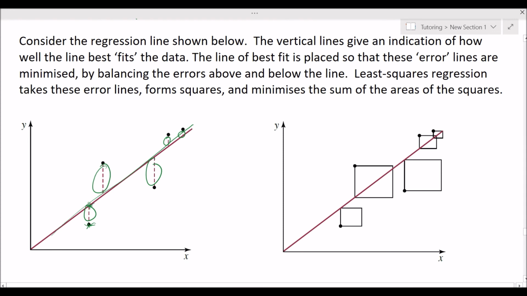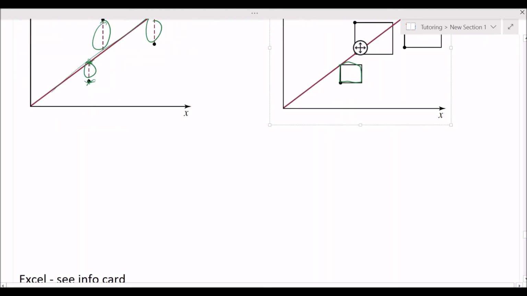Okay, so what we would do is take those residuals and square them. Okay, why do we square things? Because it gets rid of negatives. Okay, and then what we need to do is make sure that the squares formed, the area of those squares is minimized as small as possible, because then that means the line is a good fit. Okay, so that's why it's called a least squares regression line.